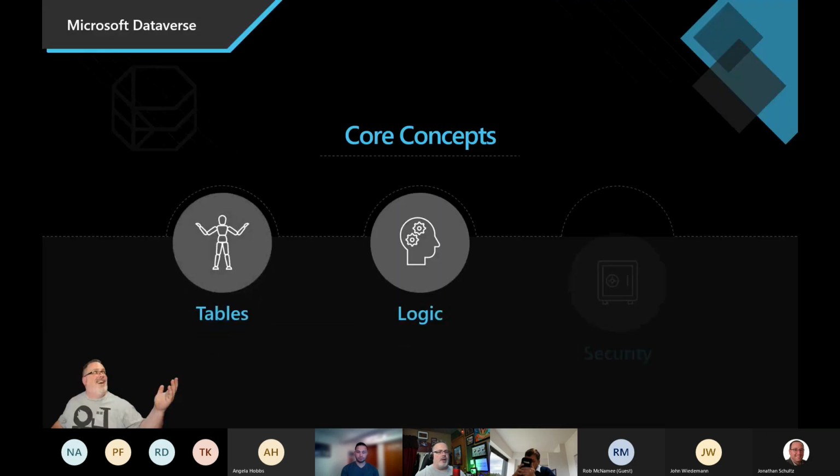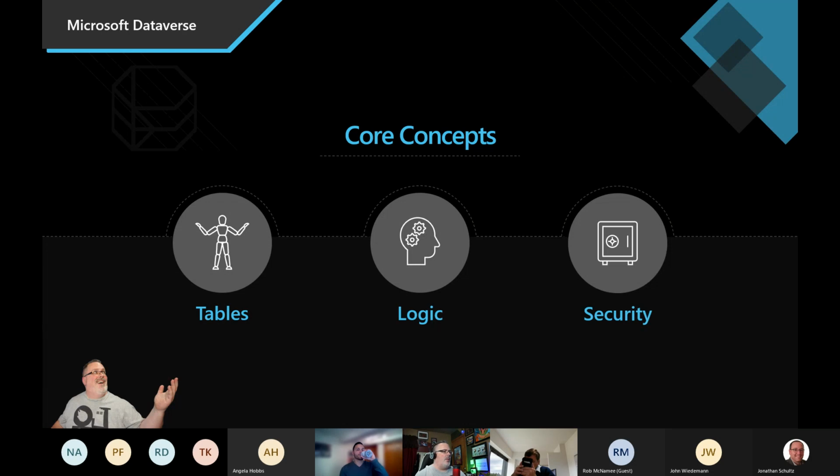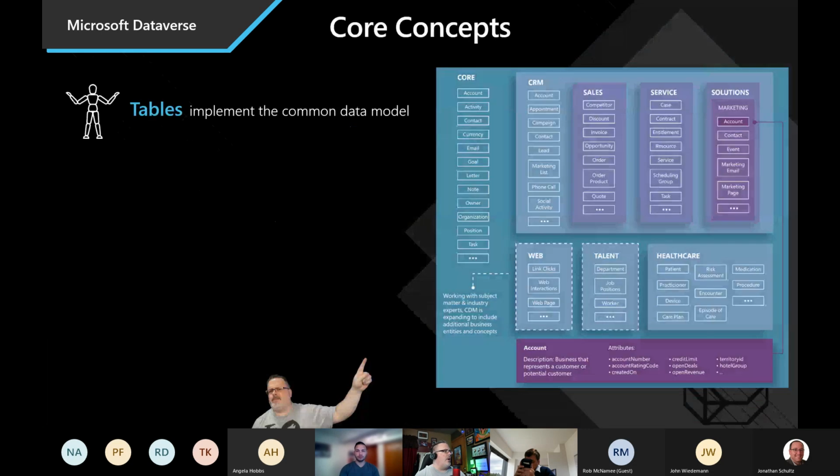Now, when we talk about the core concepts of the Dataverse, it breaks out into three pieces: tables, logic, and security. When we go into the tables, every time you spin up that Dataverse, as I've said, you're going to get your core tables that come along with it. You're going to see the account table, you're going to see activity, you're going to see contact.